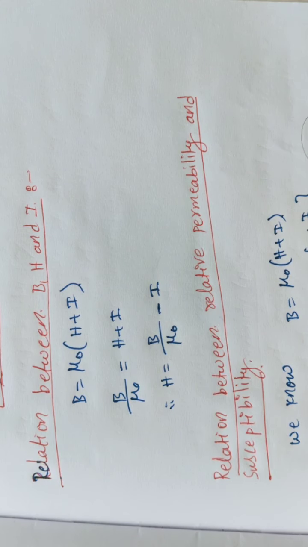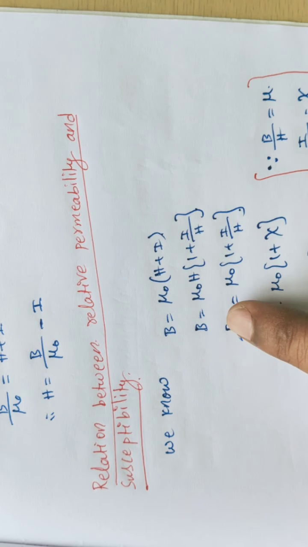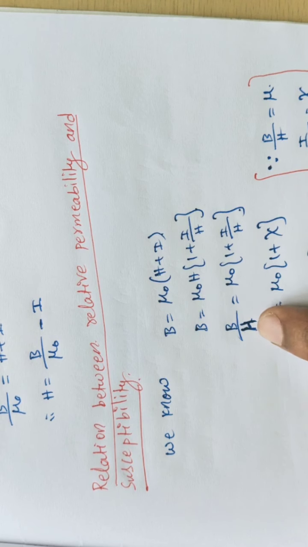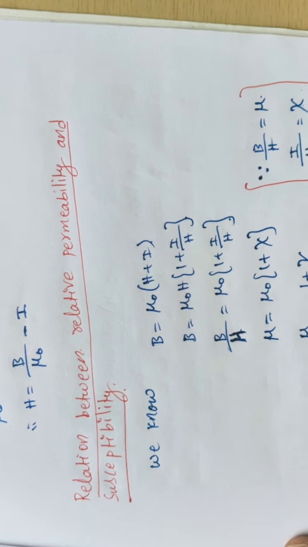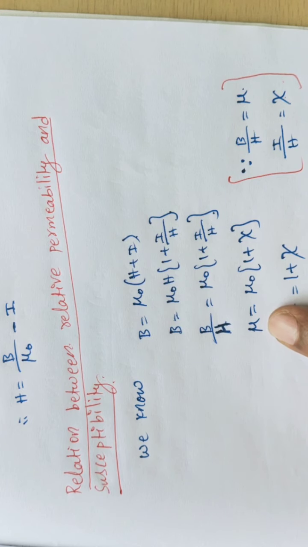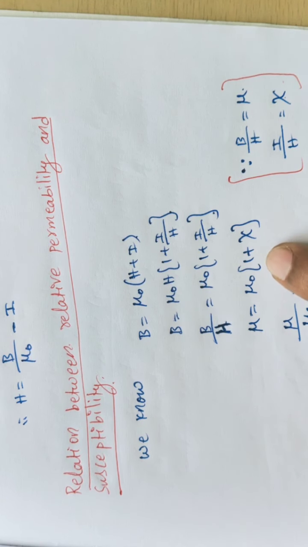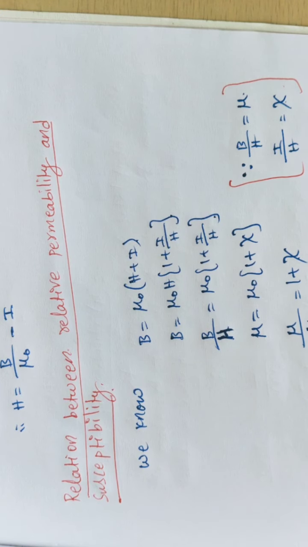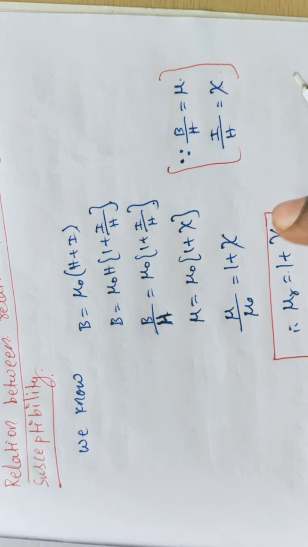We know B is equal to mu naught into H plus I. Taking H common, B is equal to mu naught H into 1 plus I by H. Dividing by H, B by H is equal to mu naught into 1 plus I by H. We know permeability mu is equal to B by H, and I by H is nothing but magnetic susceptibility. So mu is equal to mu naught into 1 plus susceptibility. Therefore mu by mu naught is equal to 1 plus susceptibility.